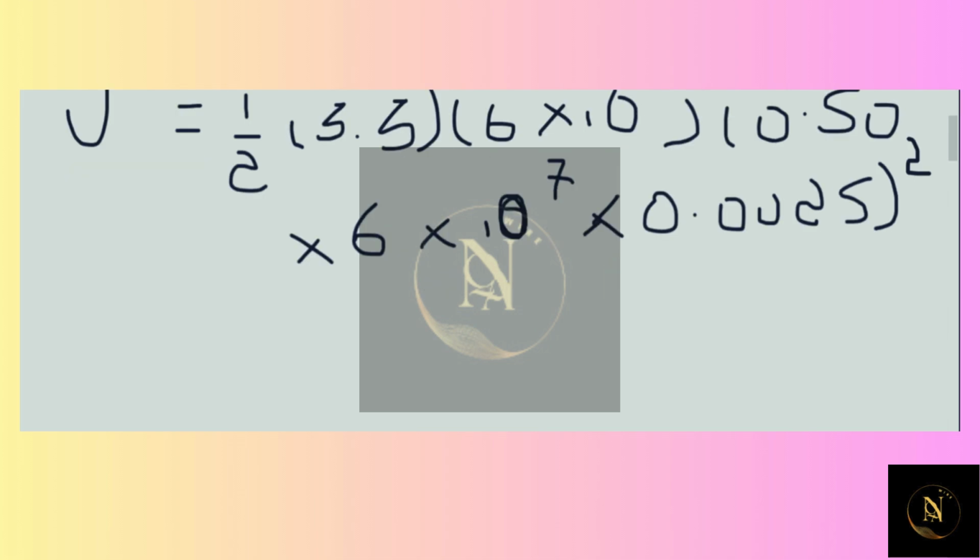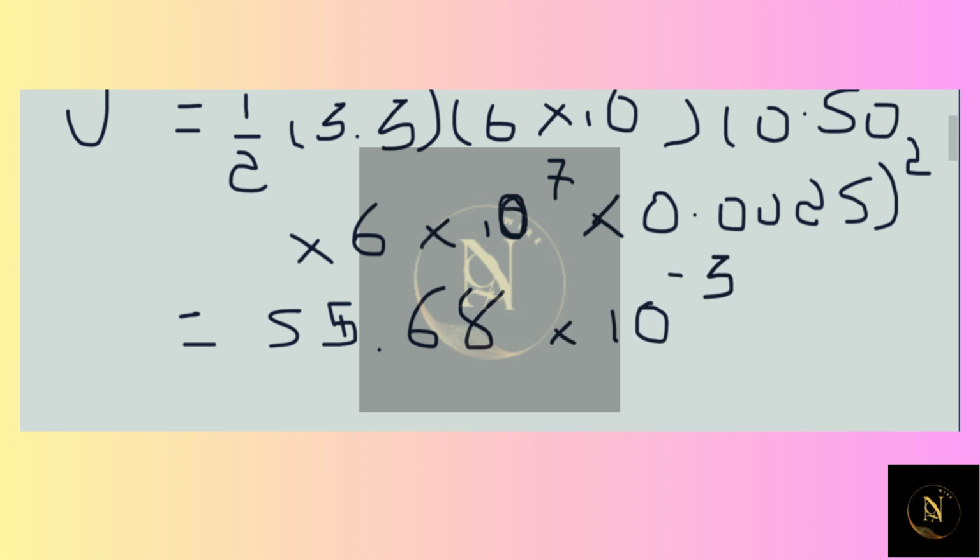So in this case, we will get U is equal to 55.68 into 10 to power minus 3 joule.